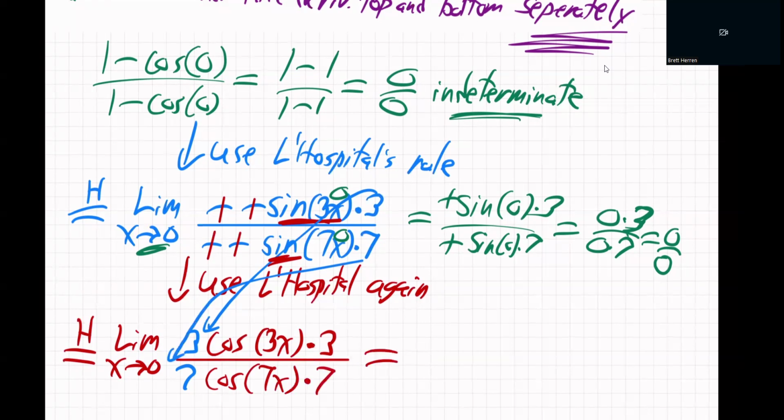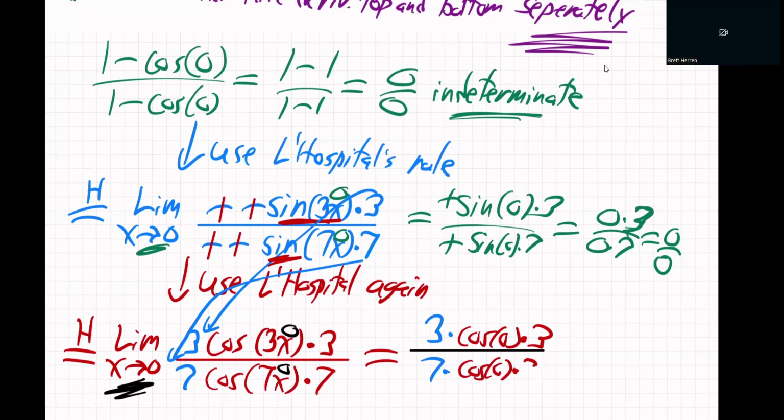Now let's plug in that 0, because x is still going to 0. What do you get? Well, now on the top we've got 3 times the cosine of 0 times 3. On the bottom, we've got 7 times the cosine of 0 times 7.